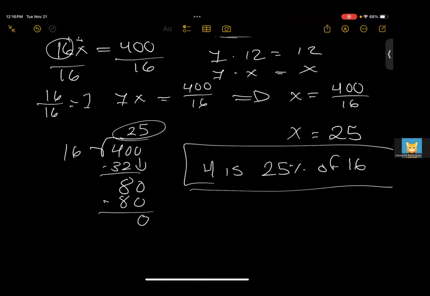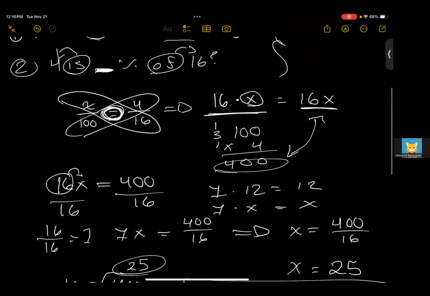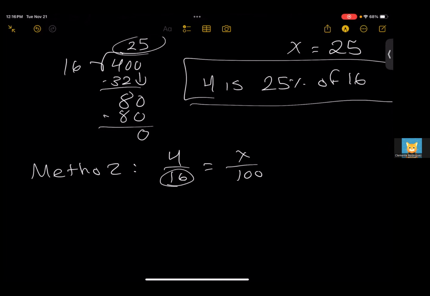Another way you can do this problem very quickly, I'll show you. Remember we had 4 over 16 is equal to x over 100. I can think about what number I would need to multiply 16 by to get 100. Seeing as 16 times 5 is going to be 80, we're not going to be able to perfectly fit 16 into 100.